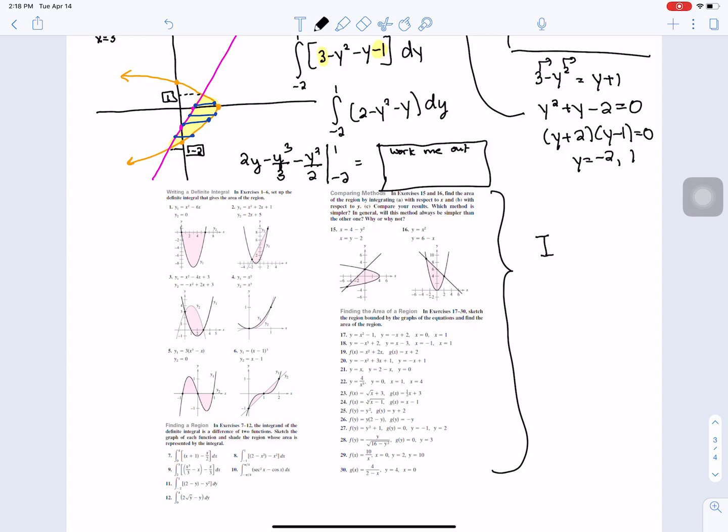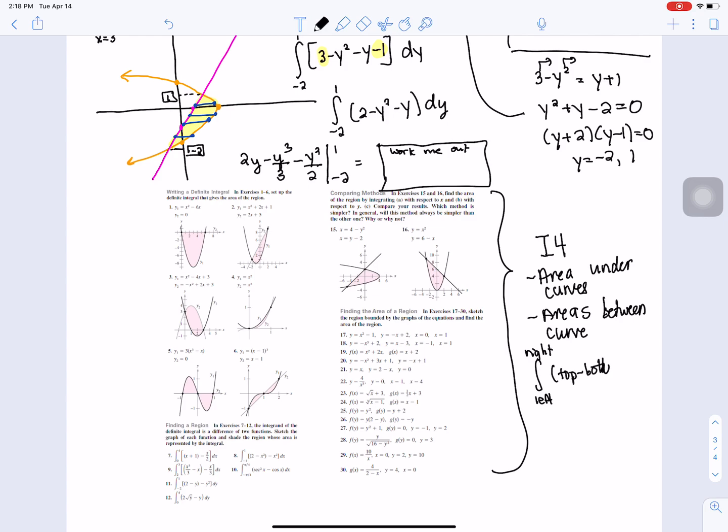This is going to be the primary content of I-4. So I'm going to ask you area under curves, and then areas between curves. And on your assessment, I'm going to make you do it with the left to right, top minus bottom idea.